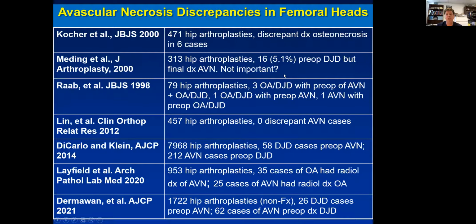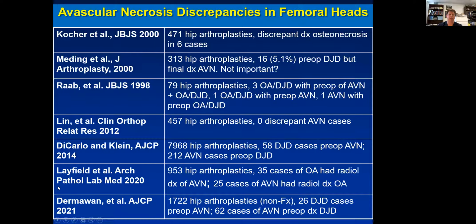But the authors concluded that this was not considered important, so they didn't contact the patient directly, which I found astonishing because AVN should lead to a more thorough assessment and follow-up of that patient, noting the risk to the opposite hip. But these authors didn't consider that important.